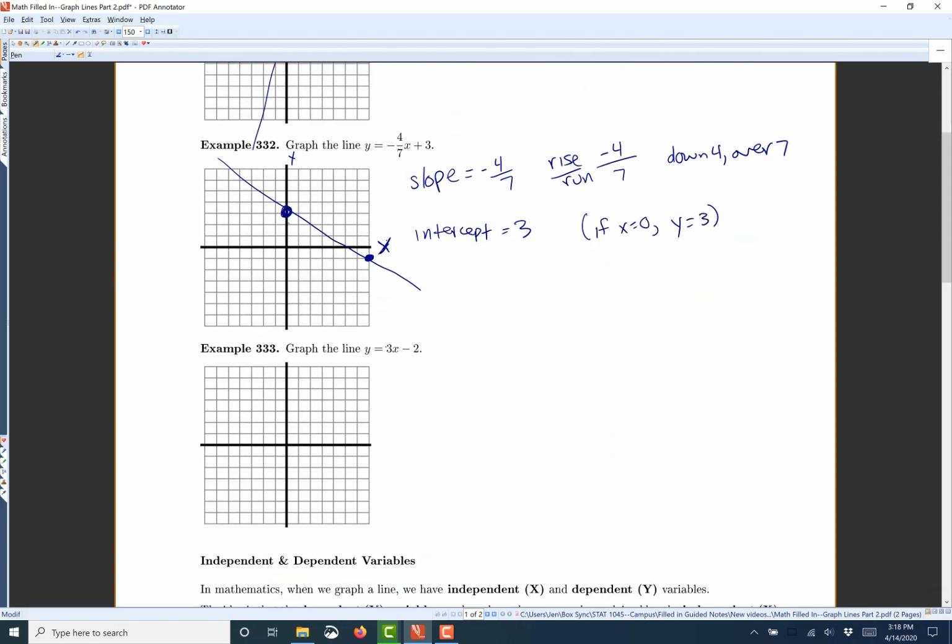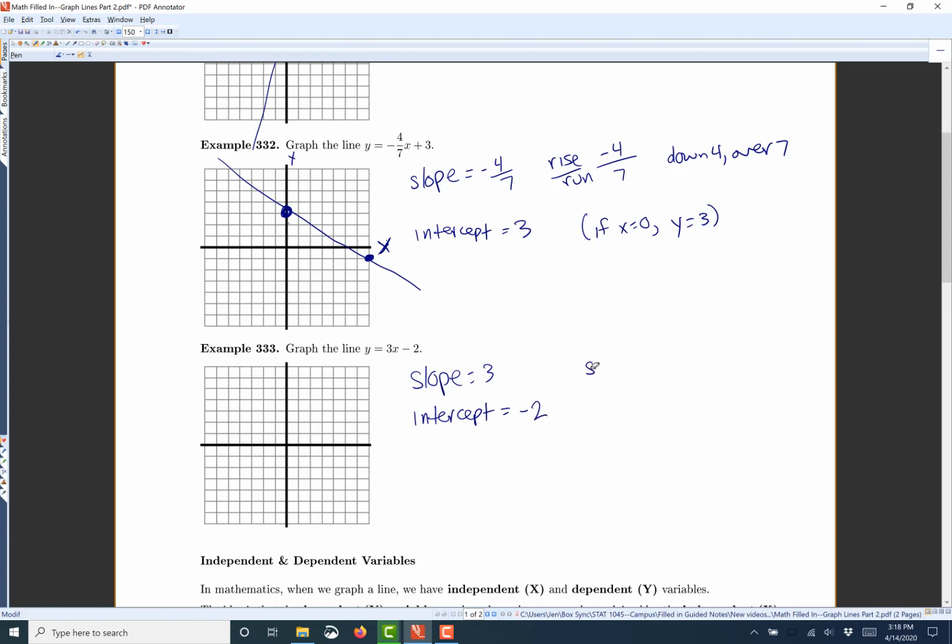Our next example, graph the line y equals 3x minus 2. So my slope equals 3, it's the number times x, and my intercept equals -2.